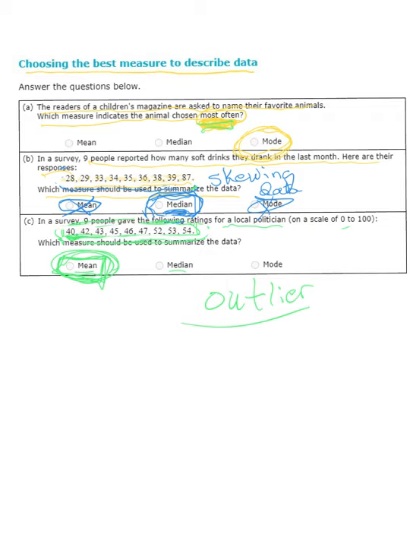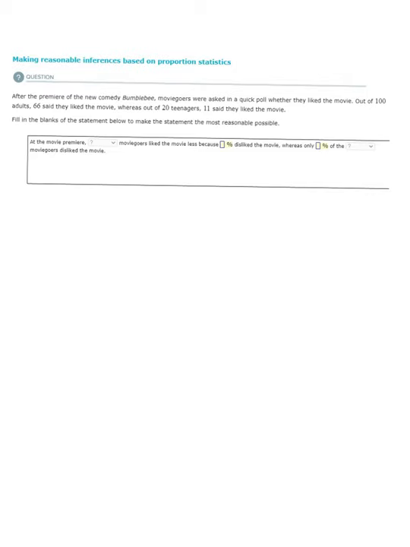All right, what do we got next? All right, I think this might be the last one. So you got to read here. It says, after the premiere of the new comedy Bumblebee, moviegoers were asked in a quick poll whether they liked the movie. Out of 100 adults, 66 liked it, whereas 11 out of 20 teenagers liked it.